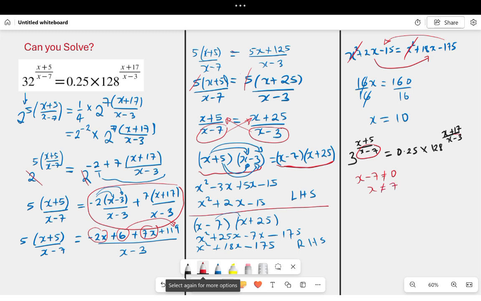And even here, x minus 3 should never be equal to 0 for this to make sense, and therefore x should never be equal to 3. Therefore, if by any chance we got our answers for x to be 7 or 3, then the solution would not make any sense as far as the functions are concerned. But in this case, we got x equal to 10, and therefore that is our final solution.